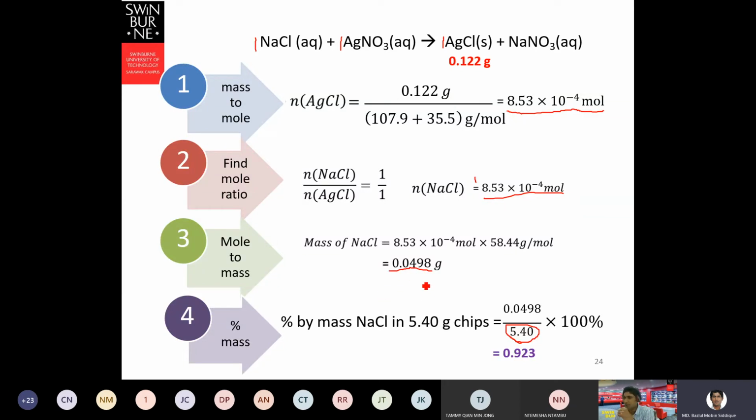So if it is in 5.4 gram, then in 100 gram, or 100%, what is it? It is 0.923 gram, so in 100 gram, 0.923% of sodium chloride is used in that chips.